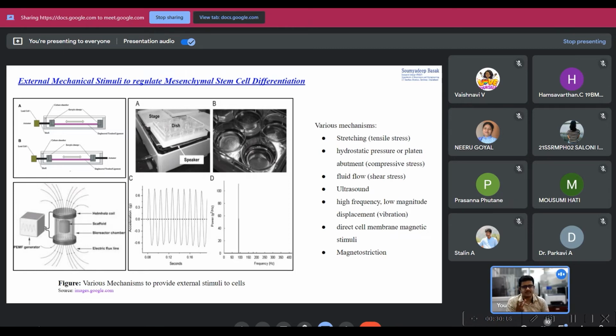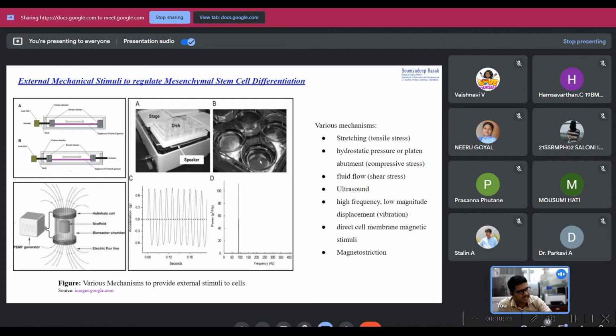Third one is acoustic, that is ultrasonic. Not just electrical, magnetic as well as physical stretching, acoustic forces are also employed for providing external mechanical stimuli for cells. Like you can see, this whole dish, this is a 6-well plate, is put upon a mono wavelength speaker. So a particular kind of frequency is generated and supplied to the culture dish, and the cells are seeded in this culture plate.